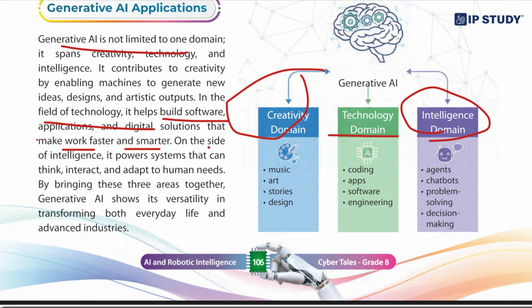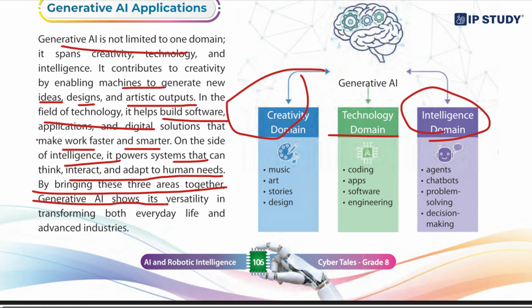And in the creativity domain, it enables machines to generate new ideas, designs, and artistic outputs. On the other side of intelligence, it powers systems that can think, interact, and adapt to human needs. By bringing these three areas together, generative AI shows its versatility in transforming both everyday life and advanced industries.